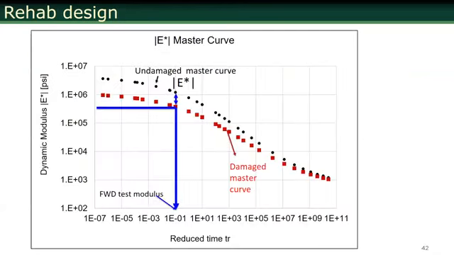So in the rehabilitation design, they look at some kind of a damaged master curve. Undamaged master curve is estimated, and then damaged master curve is estimated in level 1 based on FWD testing, falling weight deflectometer. So you look at an estimated frequency temperature combination at the FWD test.